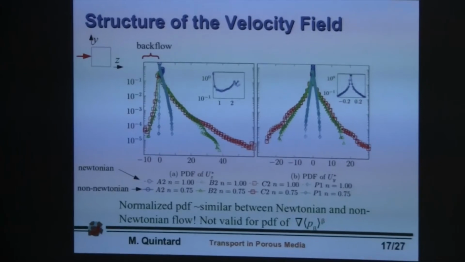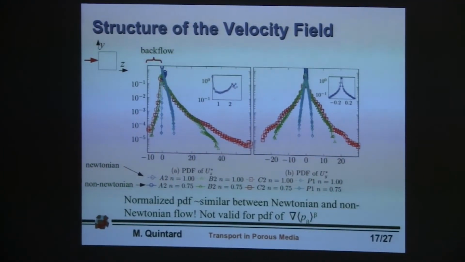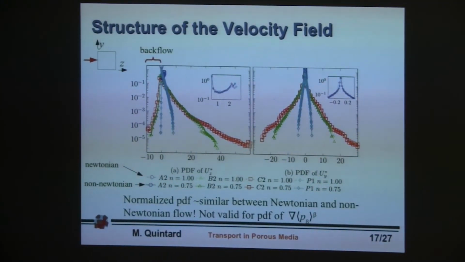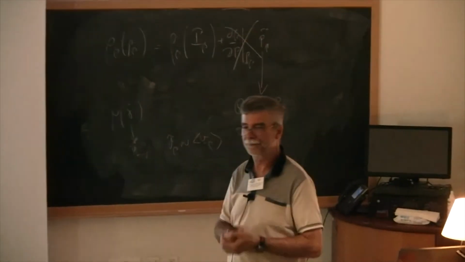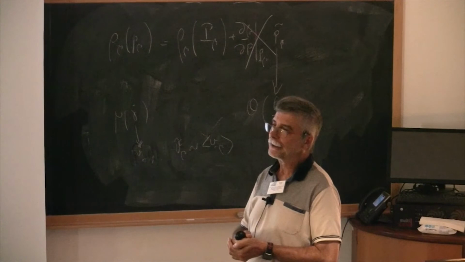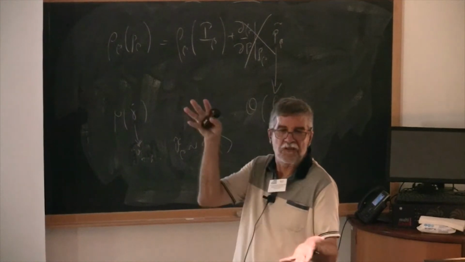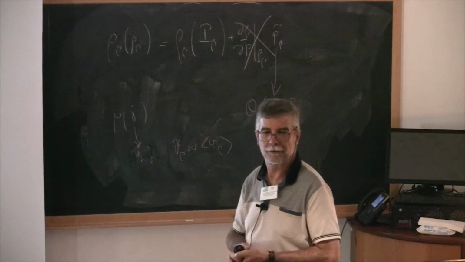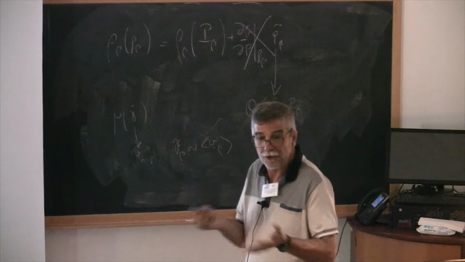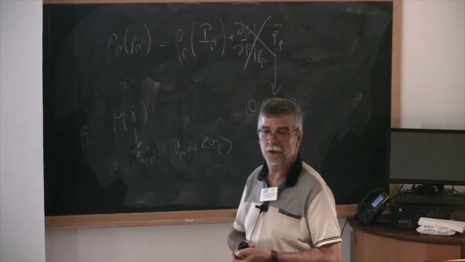Well, of course we look at all that. But it would take time. If I look at those PDFs, for instance, the reason for which they are similar between the Newtonian and the non-Newtonian, at first we thought that it's just the amplitude of the shear rate that changes, and therefore it's almost just a scaling through the velocity of the system.